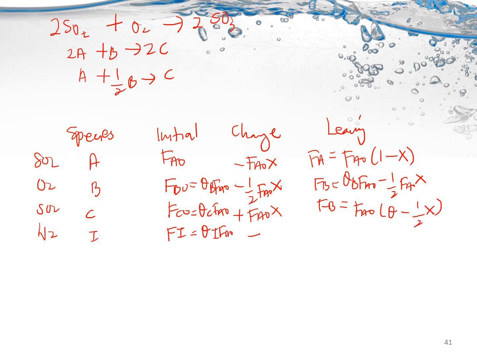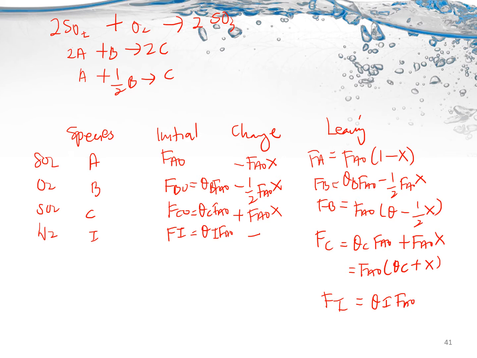Okay, then we have FC here, which is theta C FA0 plus FA0x. So here it should be FA0 (theta C plus x). So for inert, FI is equal to theta I FA0, that's all. Okay, we don't have a change here.